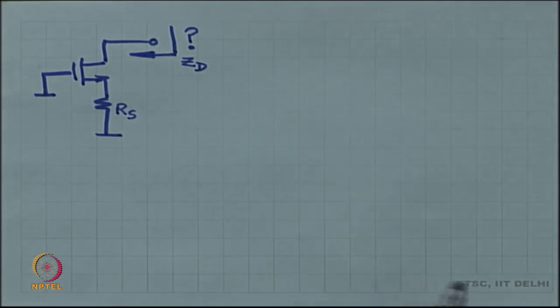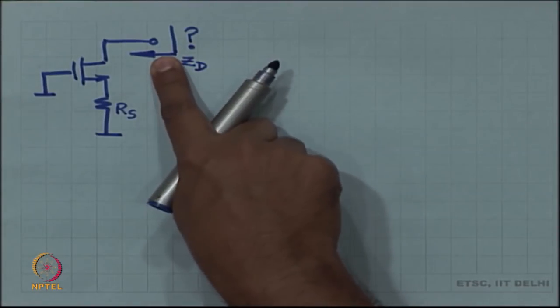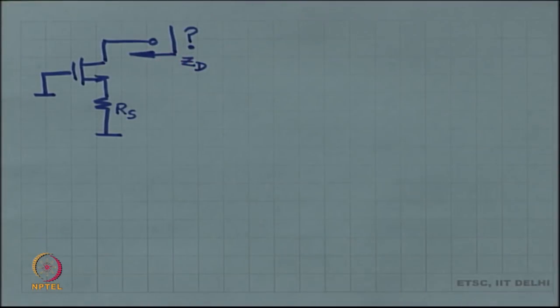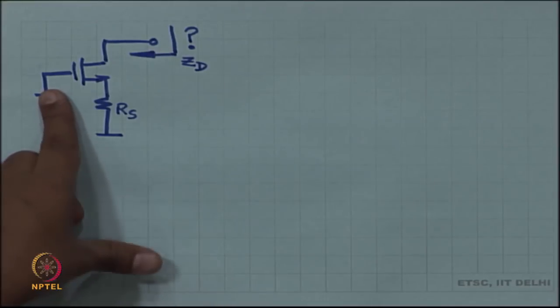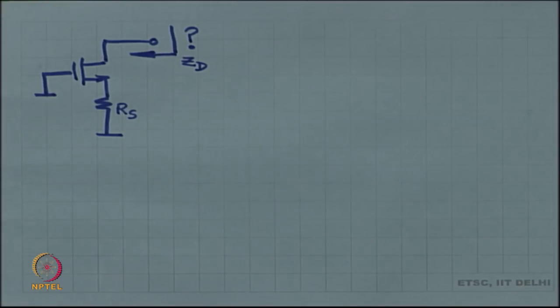So, here instead of looking in from the source, the question is what happens when you look in from the drain, what is the impedance that you see, okay. And there could have been a third one, but that is trivial. Looking in from the gate, you always get infinite. So, do not worry about looking in from the gate, right.